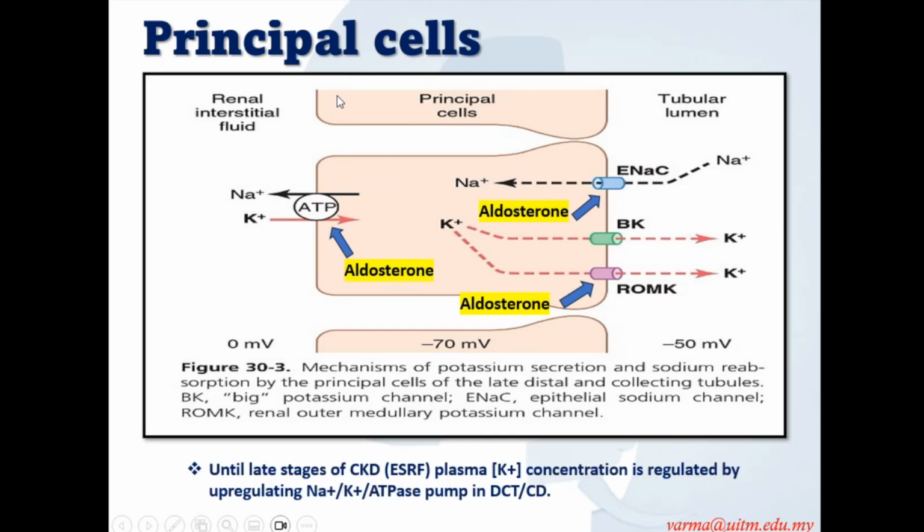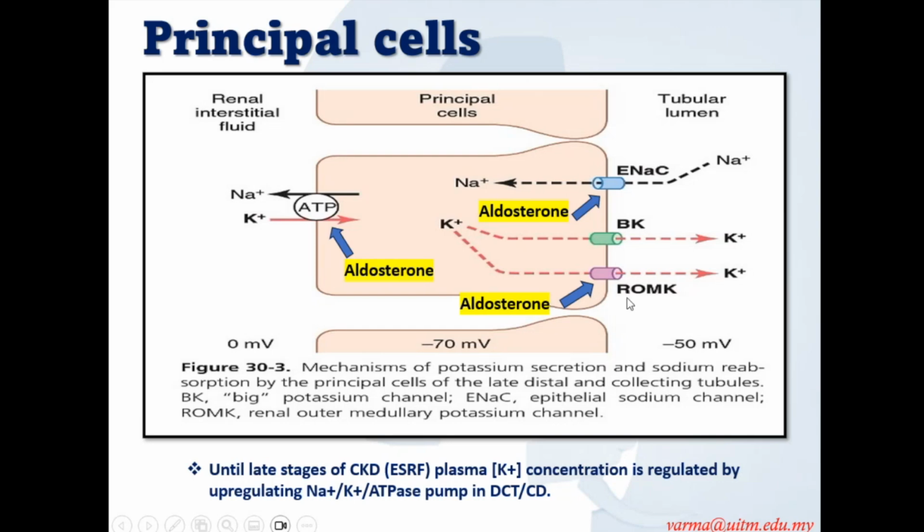So we can see here in your apical membrane, there is an epithelial sodium channel. This is the sodium channel that I said earlier, which is regulated by aldosterone, which reabsorbs sodium. Aldosterone also will stimulate excretion of potassium via this ROMK, the renal outer medullary potassium channel.